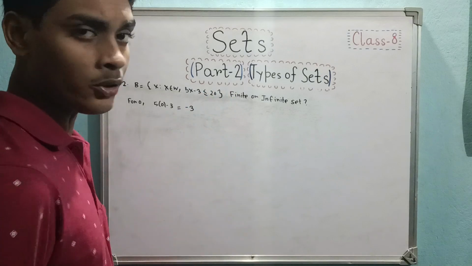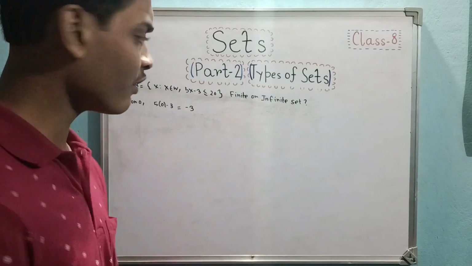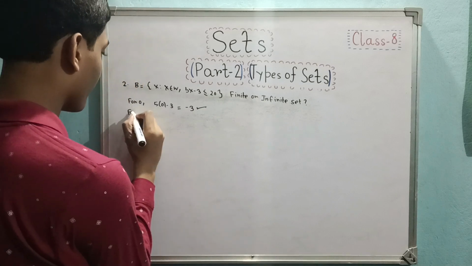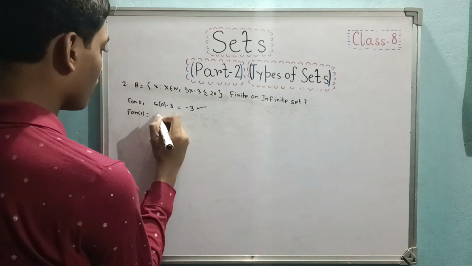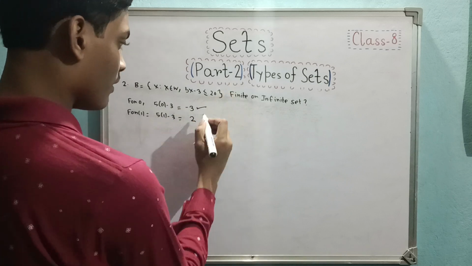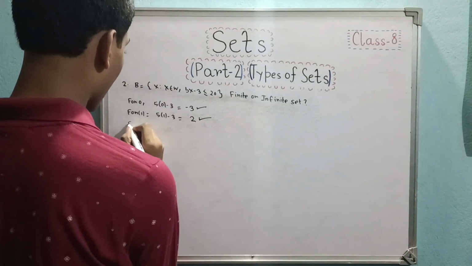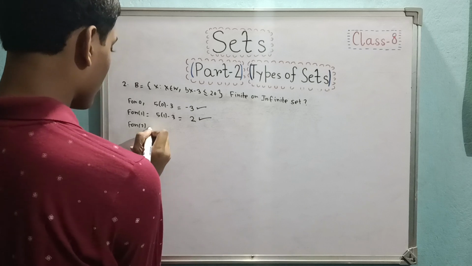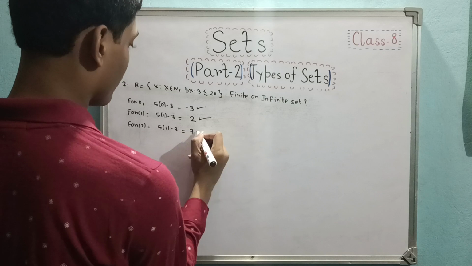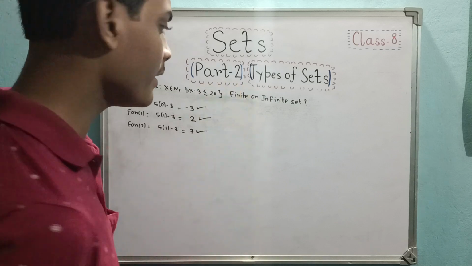Minus 3 is less than 20. It's supporting the equation, so this is a correct value. For 1, 5 into 1 minus 3 equal to 2. Less than 20, it is a correct value. For 2, it will be 5 into 2 minus 3 equal to 7. This is also possible as it is less than 20.